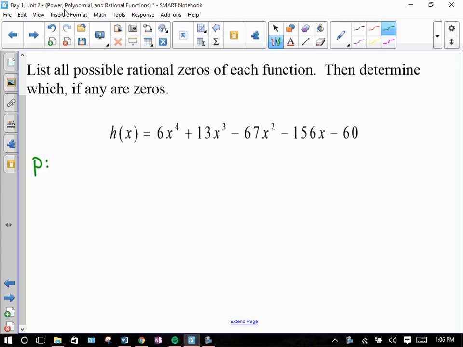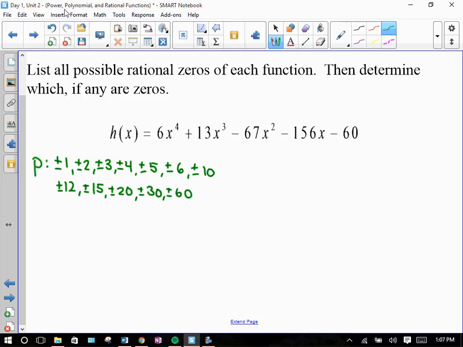So we represent the factors of our constant with the letter P. So we're going to have plus or minus 1, plus or minus 2, plus or minus 3, plus or minus 4, plus or minus 5, plus or minus 6, plus or minus 10, plus or minus 12, plus or minus 15, plus or minus 20, plus or minus 30, plus or minus 60.